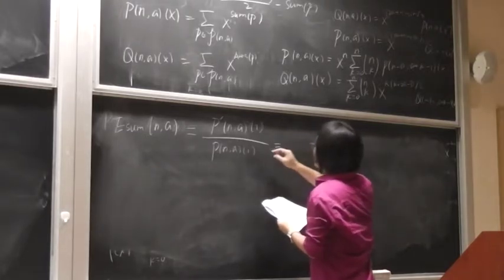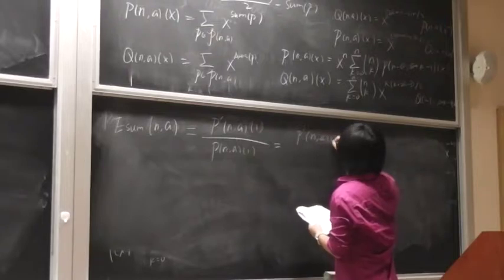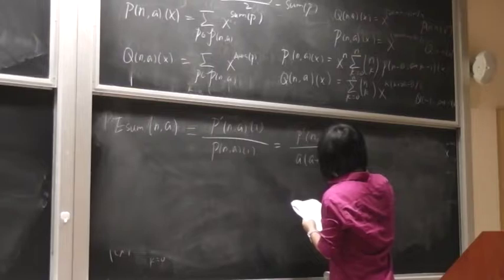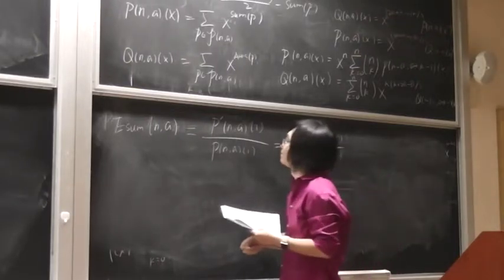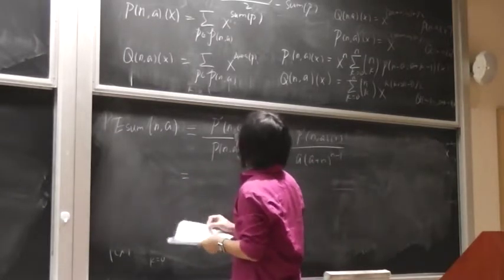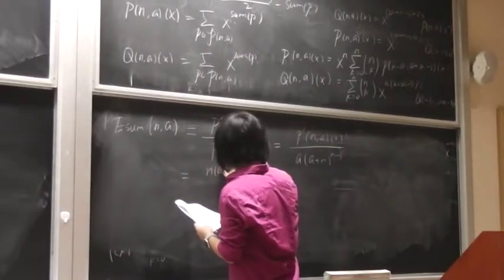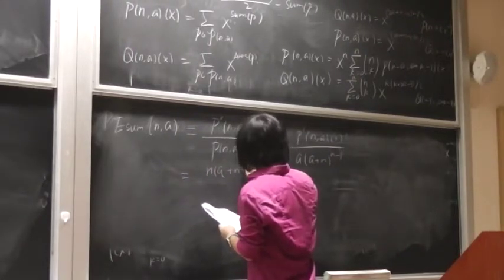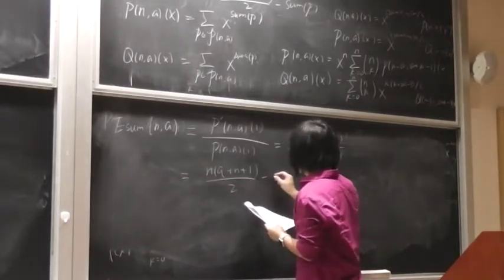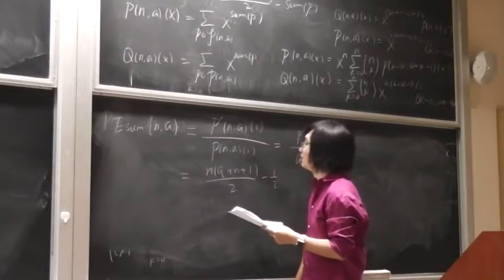The denominator is just the number of a-parking functions of length n. And there is a formula for this, so it will be in terms of a and n.